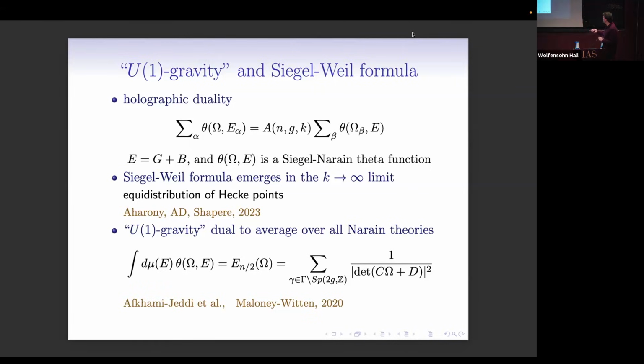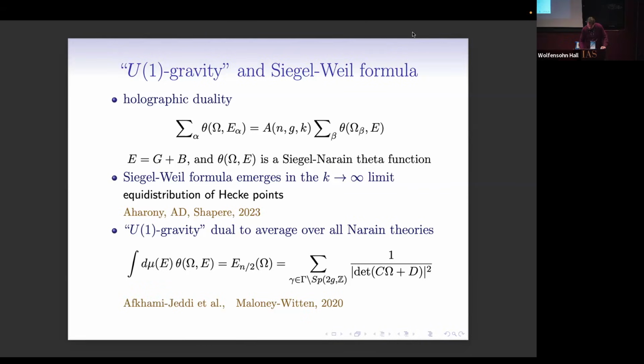And if you do that, then the result of your calculation will be this sum, which is exactly the Eisenstein series. And this is the mathematical result in those two papers. And of course, this mathematical result has its own name. It's called Siegel-Weil formula. But those two papers gave a physics interpretation to this result. So what I'm trying to say here is that we uncover this result by taking k to infinity limit.